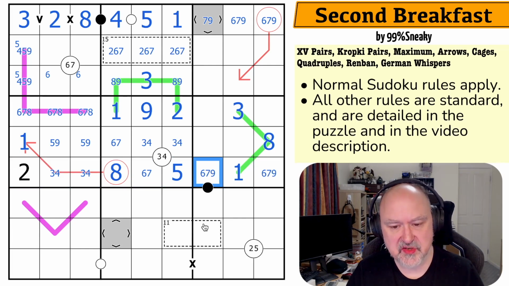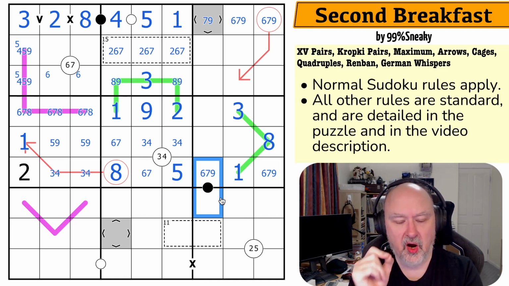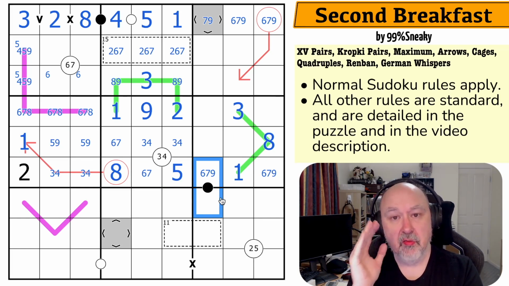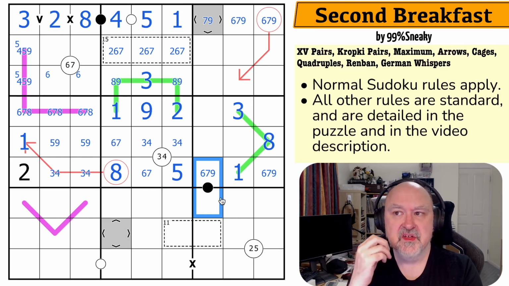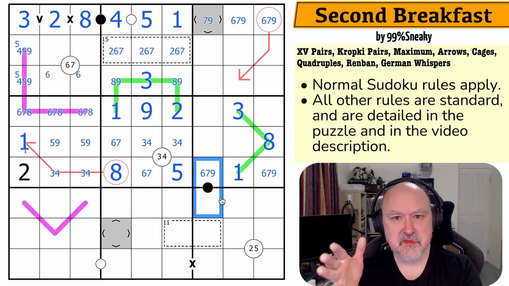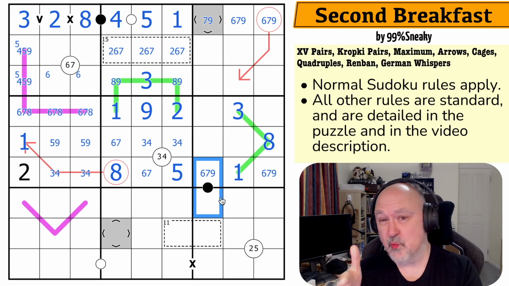But on a black dot, and I'll talk about this from first principles again, you can never put a high odd digit because a black dot must contain a digit that can double to another Sudoku digit. So 1 can double to 2, 2 can double to 4, 3 can double to 6, 4 can double to 8. 5 would need to double to 10, which doesn't work.